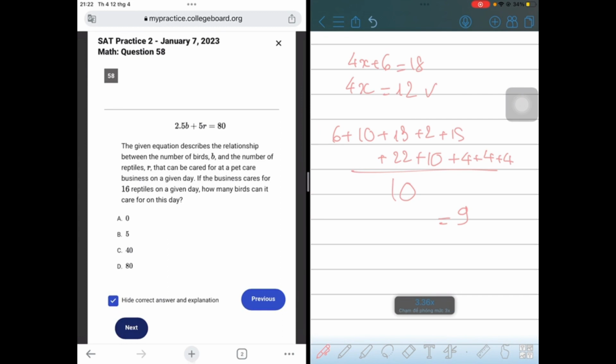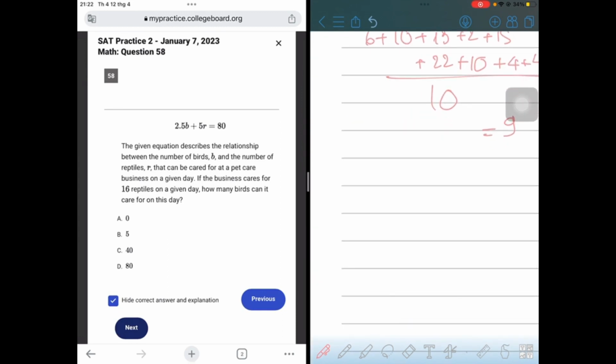Next, this is a problem, but it's just easy, believe me, because it is the beginning of the test, so it should be easy. B represents birds and R represents reptiles. Now they ask that if we have 16 reptiles, how many birds?